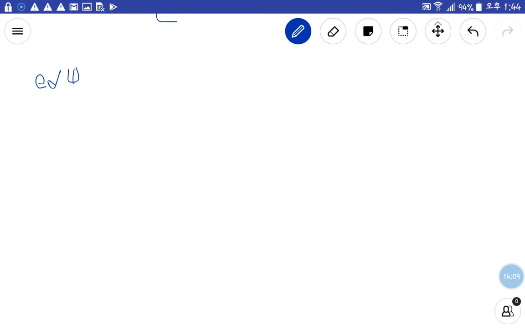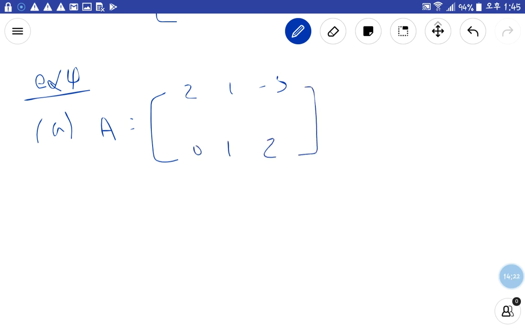Example 4: find the product AB if possible, where A equals 2, 1, negative 3, 0, 1, 2, and B equals 1, negative 4, 0, 2, 1, 0. Before we start, we have to check that they are eligible for multiplication by the order of the matrices.